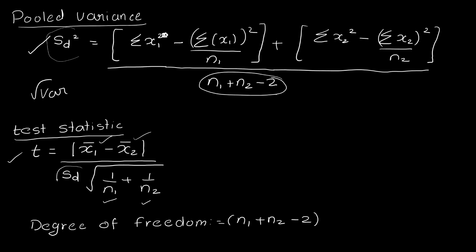Next step is calculating the pooled variance or the pooled standard deviation. For calculating this, I will need more columns, that is columns of x1 square and x2 square. I have my x1s here and my x2s here.